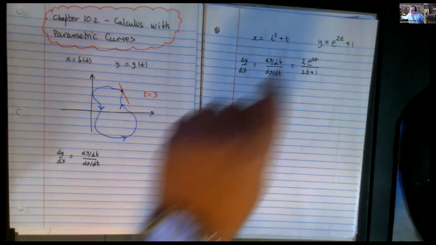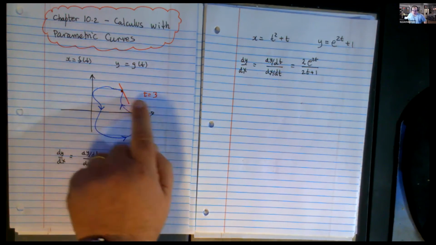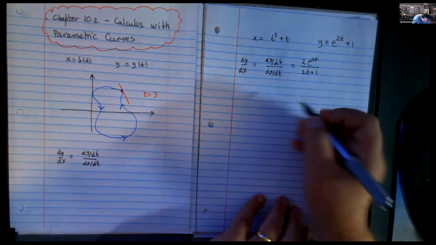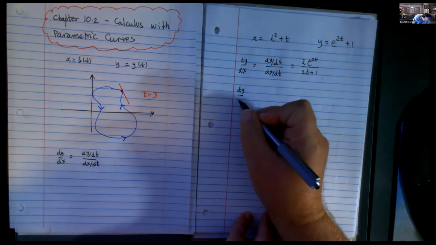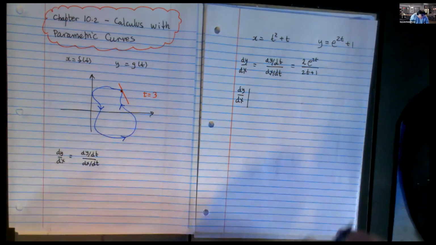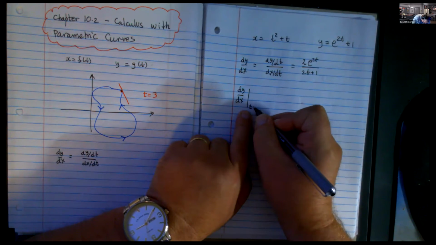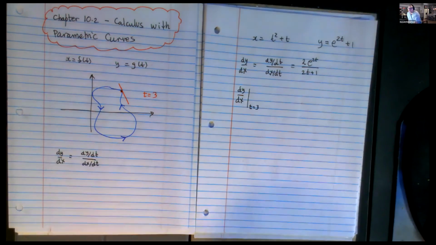Can we pretend, I know it's not, that guy is him, right? Just for argument's sake. If I wanted to find the slope of that tangent line at t equals 3, it would look something like this. Derivative, vertical line. You put a little t equals 3. That's just the notation that we use.